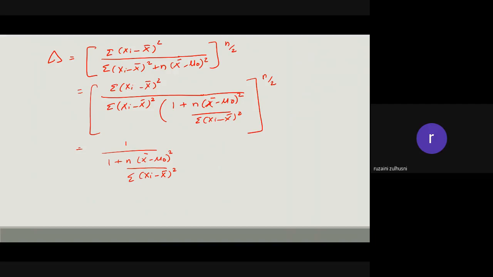Okay, so it gives you like this: 1 plus n x bar minus mu naught square over summation xi minus x bar square.